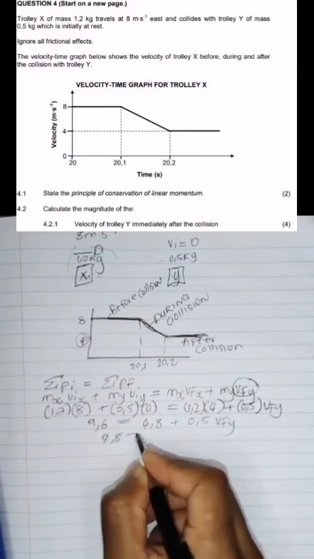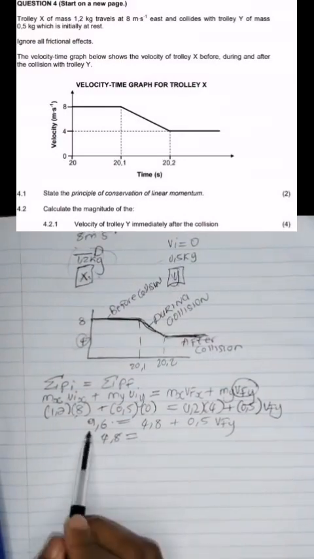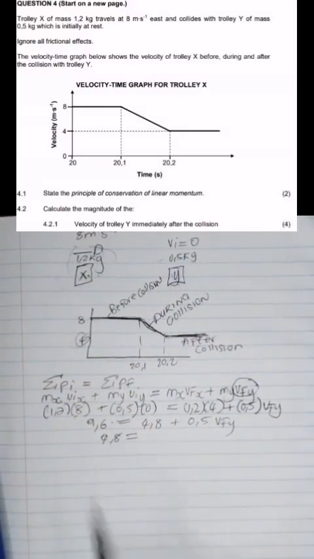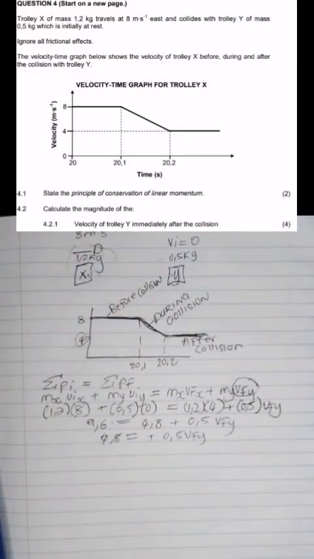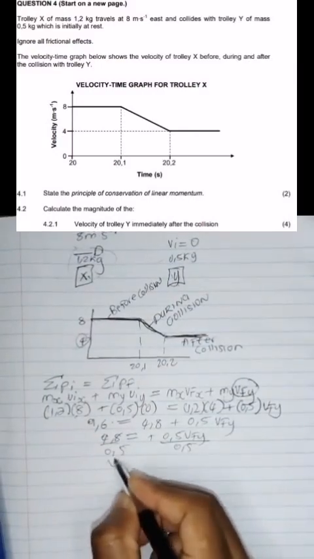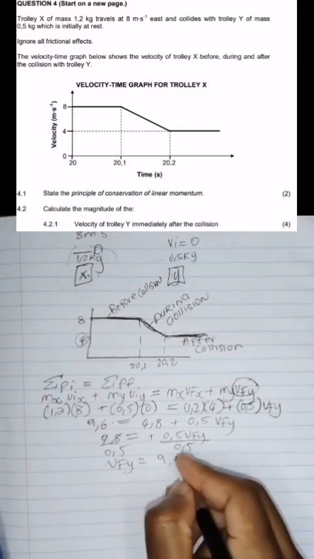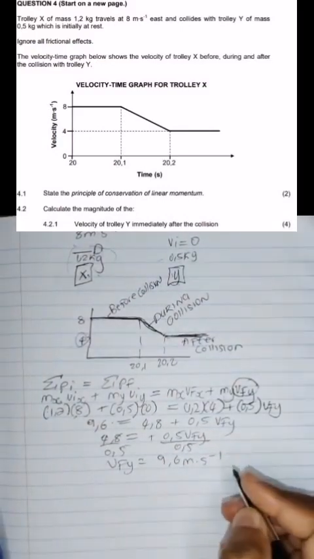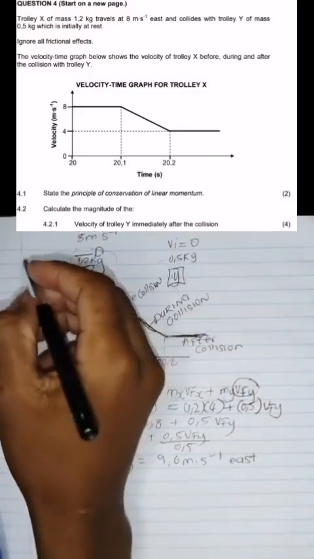As you take this to the left-hand side, the sign changes, and we're left with 4.8 equals 0.5 times the final velocity of block Y. Then you divide by 0.5 on both sides, and you get the final velocity, 4.8 divided by 0.5, which is 9.6 meters per second east, right? Also indicate your direction, guys. That is important, always indicate it. This is our answer for 4.2.1.